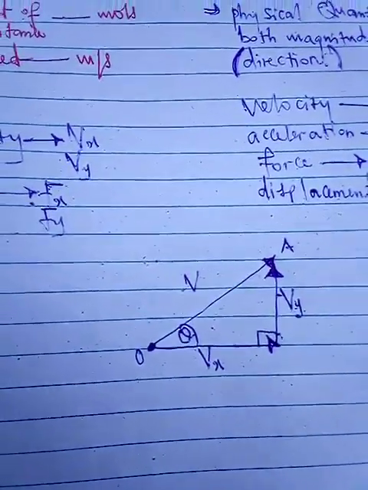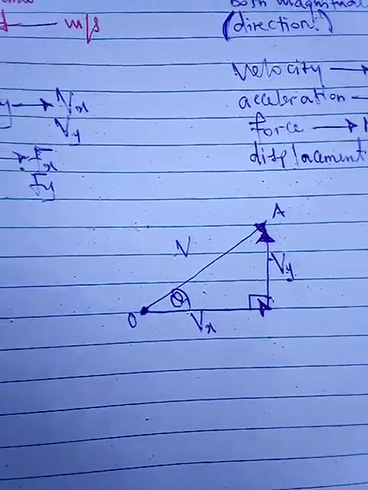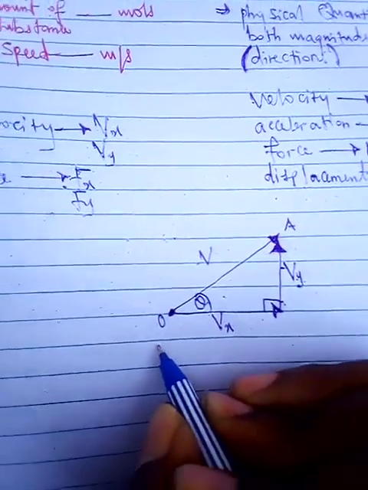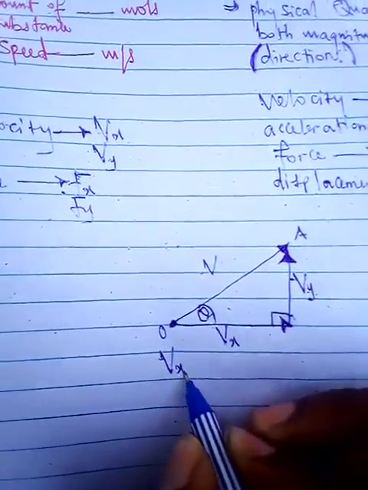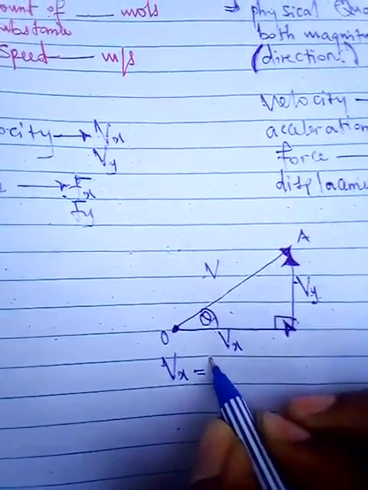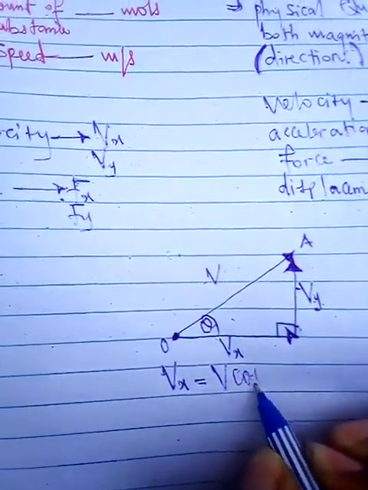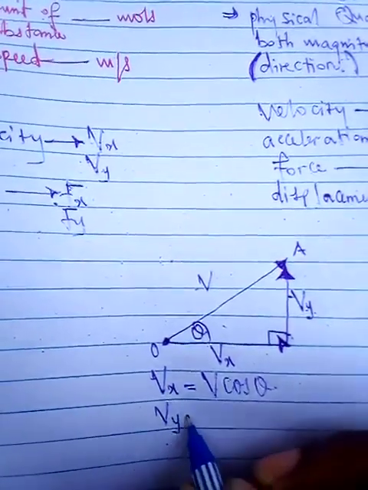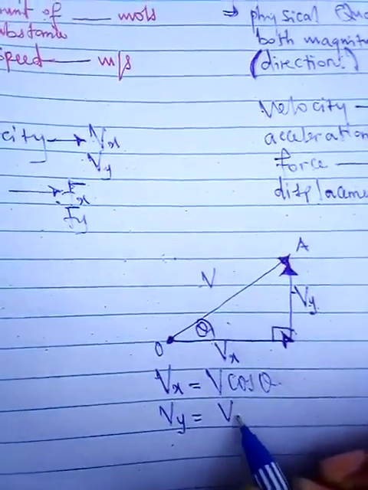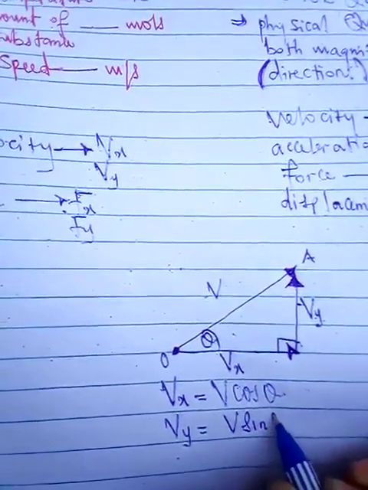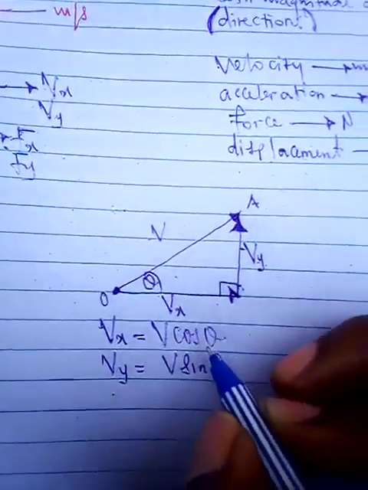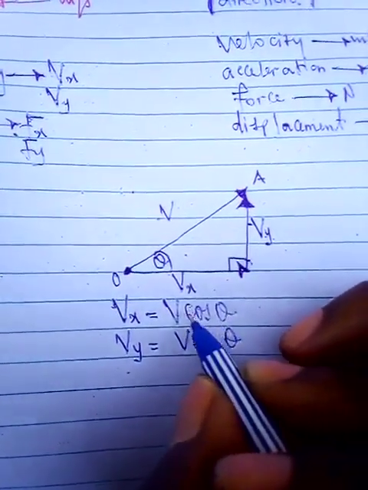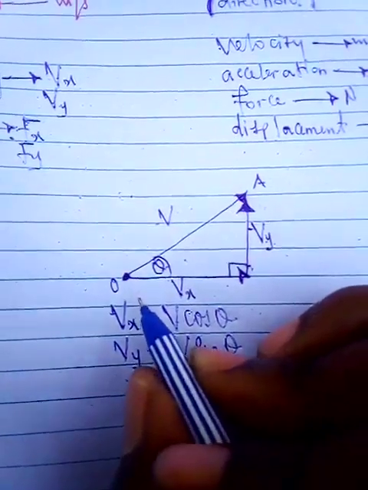So if you use your basic trig ratios here, you can derive that Vx is going to be given by the formula V cos theta, and Vy is going to be given by V sin theta. These are the two formulas that you are going to use to determine the components of your vector.